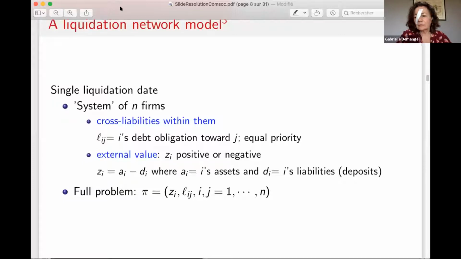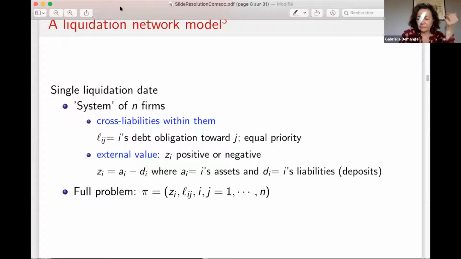And there is an external value, which represents the relationships with the outside world, summarized in Zi, which can be positive or negative. One can think of Zi as the difference between the external assets and the external liabilities, for example, external deposits. So the data are just given by the Z, the external values, and the bilateral liabilities.